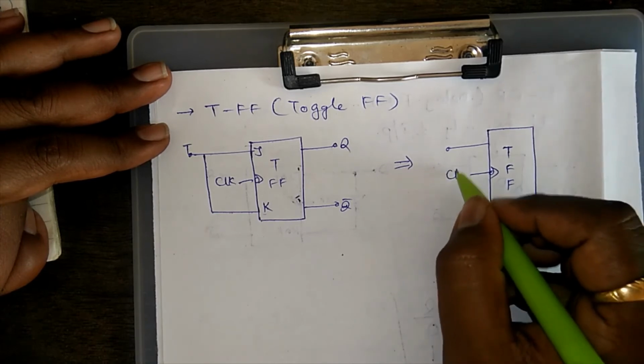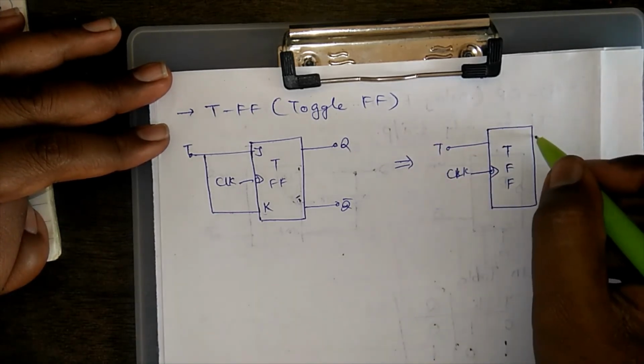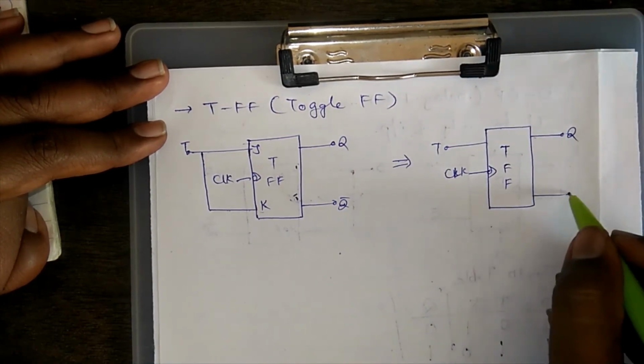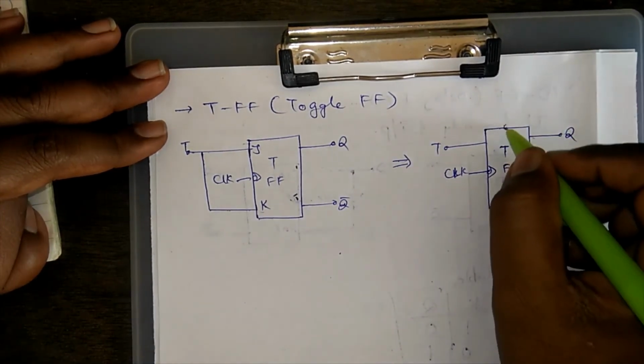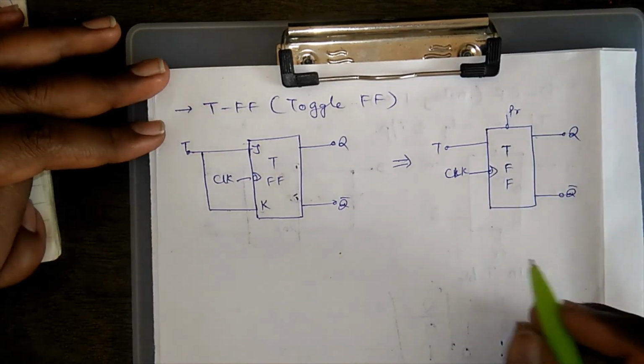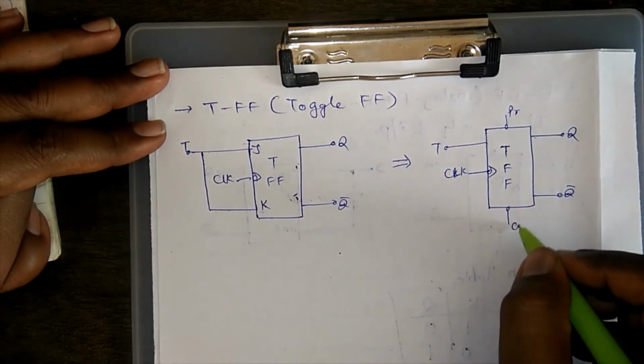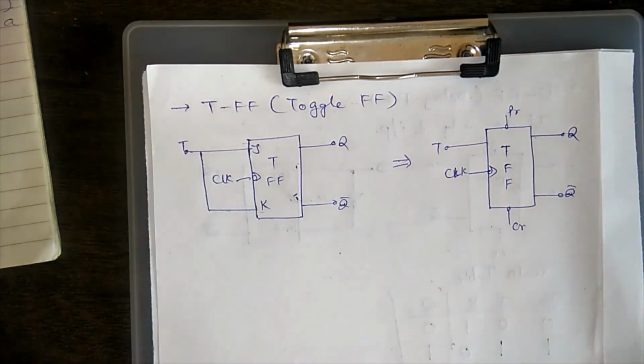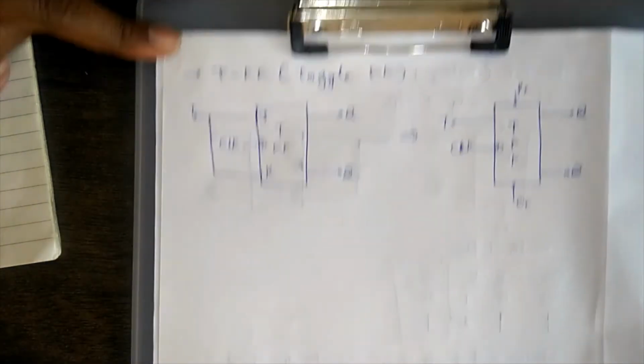This is clock, T, Q, Q bar, reset and clear. So let us see the truth table.